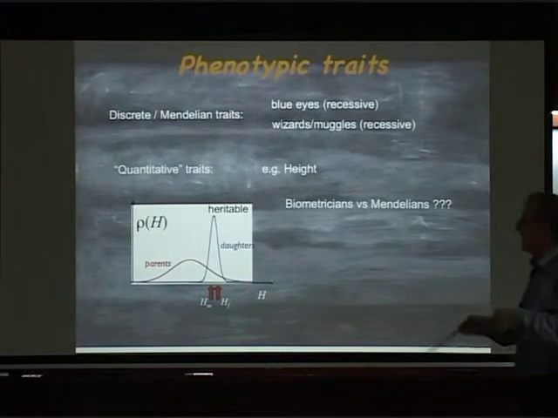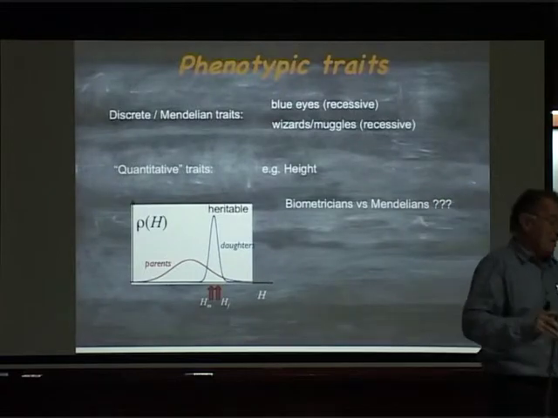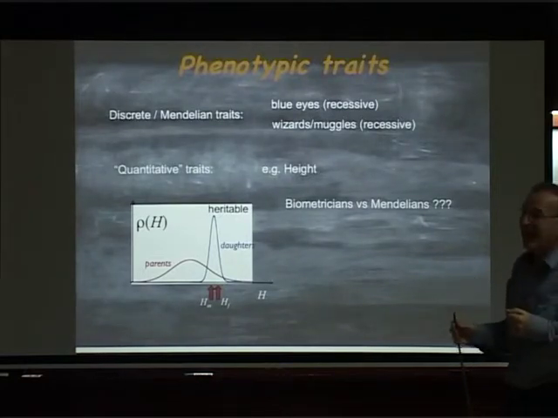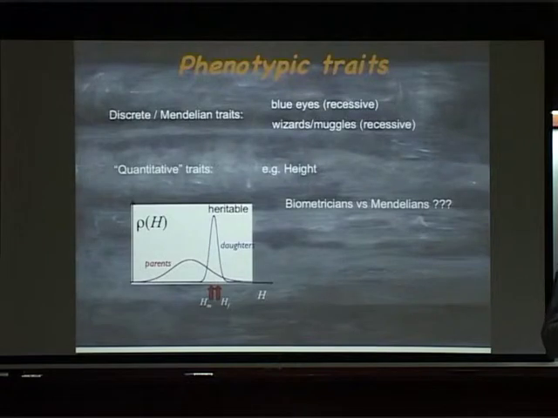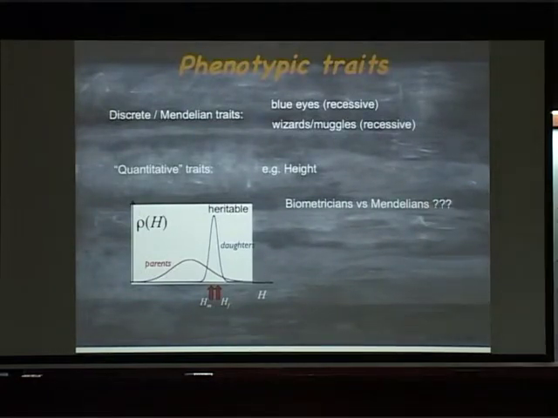And biometricians were studying quantitative traits like height or oil content of sunflower or corn or the weight of hogs and all the interesting quantitative traits that are important in agriculture and that people have been acquiring data on for 10,000 years, right? All the collective experience of animal husbandry and agriculture. And so these 2 points of view seemed very, very different.